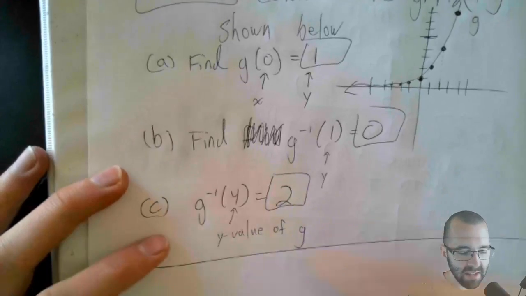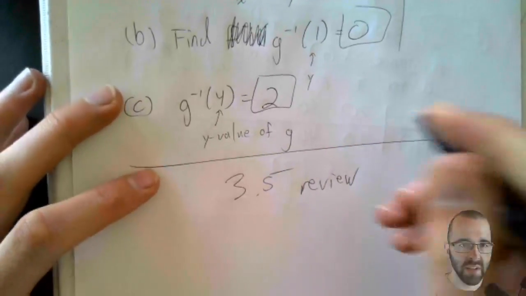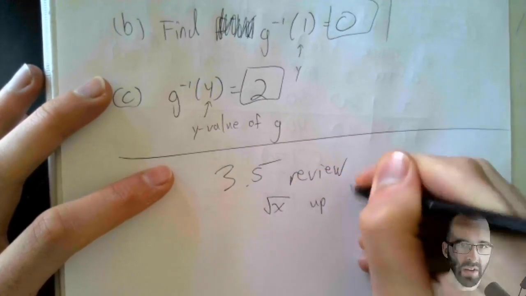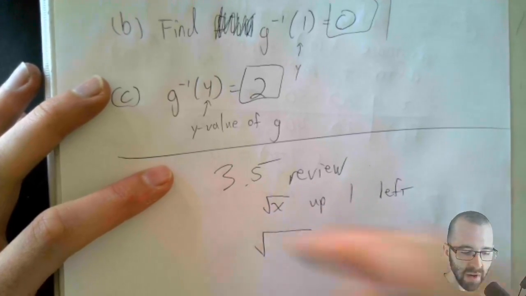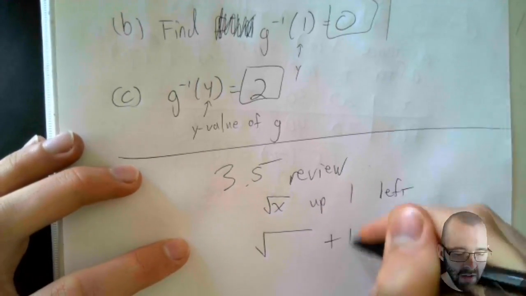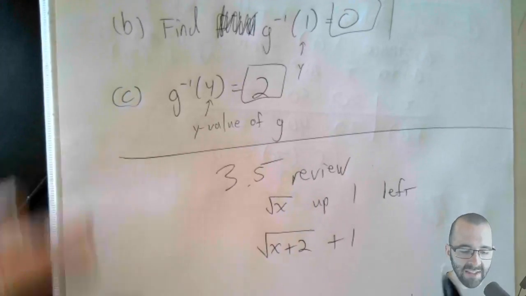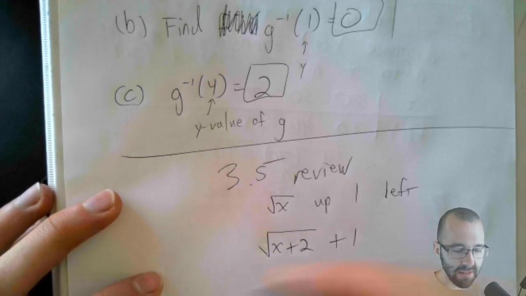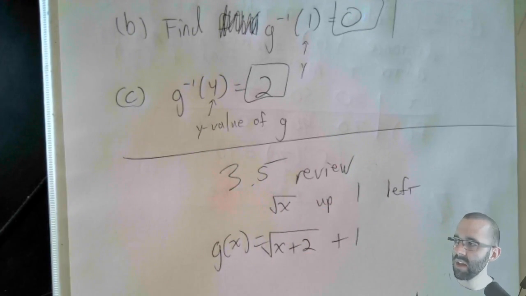So for something like the square root of x, up 1, left 2, up 1 means add 1 on the outside. Left 2 means add 2 on the inside because it goes backwards from what you might expect for horizontal stuff.